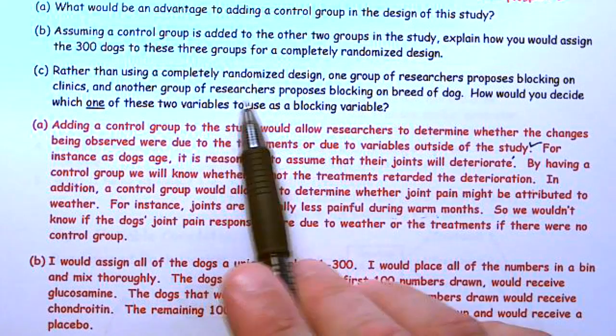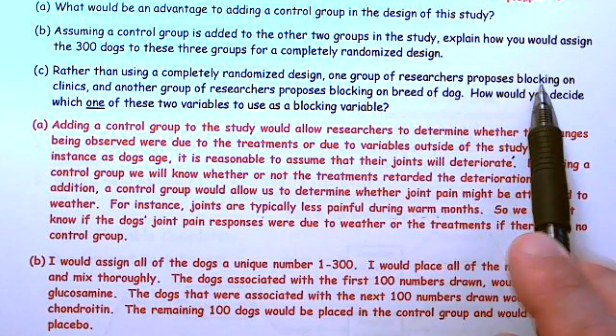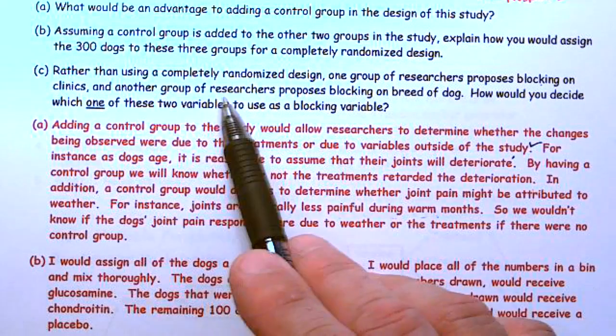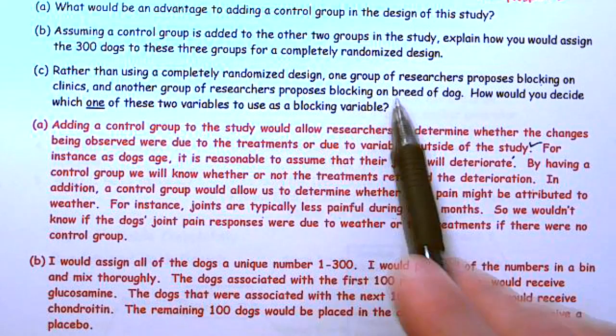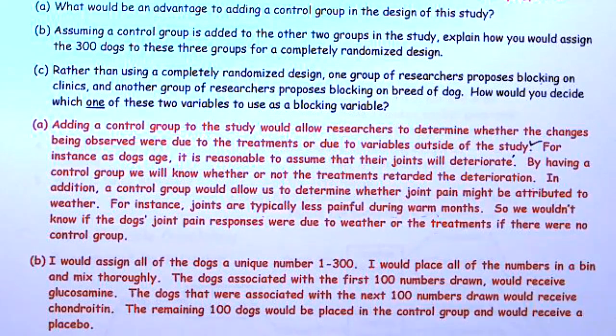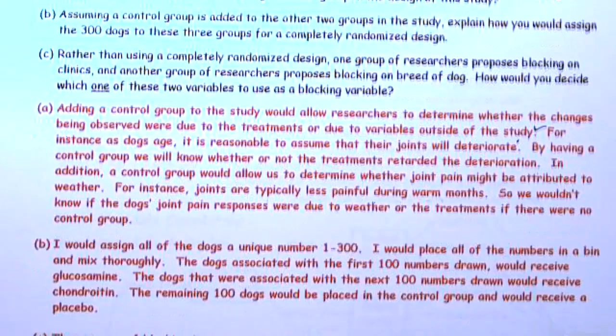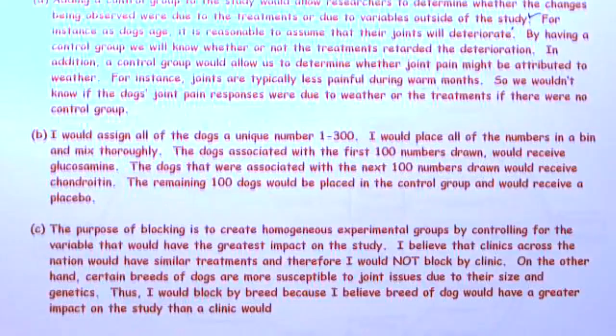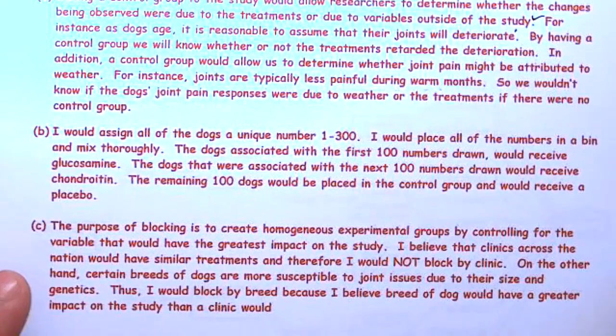One group wants to block on the clinic, and the other group wants to block on breed of dog. How would you decide which one of these 2 variables to use as a blocking variable? Sometimes you can defend both, but remember, you always need to say that you're blocking based on the variable that you think will have the greatest impact.